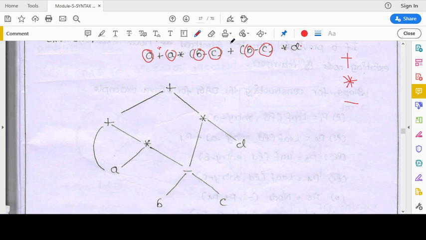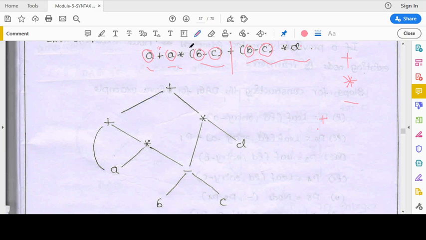First thing, you identify which will be my root, right? This plus can be the root, so write down the root. Once you write down the root, this complete thing comes on the left side and this complete thing comes on the right side. I have star and plus operators on my left child and star towards the right child.